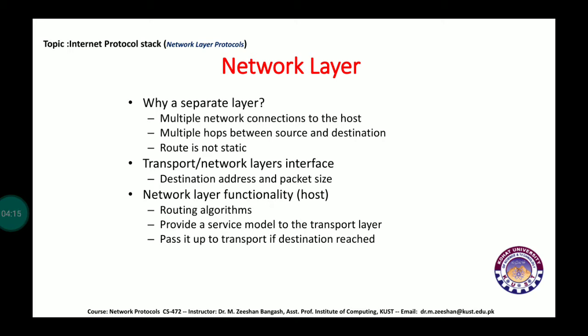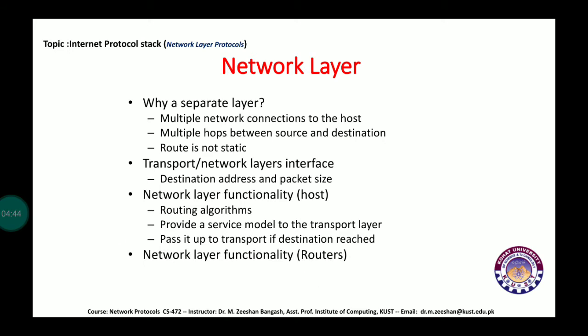However, at the intermediate level, the network layer, after performing its operation, passes it to the neighbor node to forward it towards the destination. If it reaches the destination, then at the network layer on that destination, the data is moved through the interface to the upper layer, which is the transport layer.